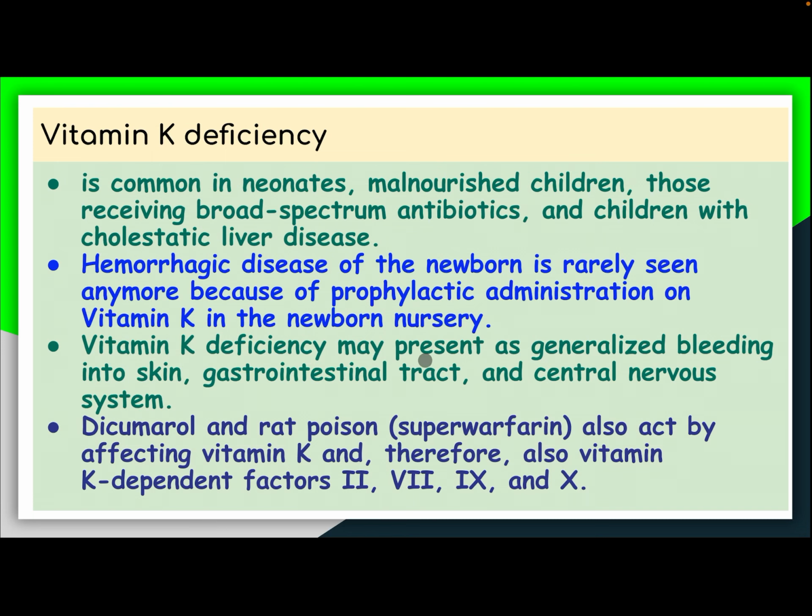Vitamin K deficiency may present as generalized bleeding into the skin, gastrointestinal tract, and central nervous system. Dicumarol and rat poisoning, superwarfarin, also act by affecting vitamin K and therefore also vitamin K dependent factors 2, 7, 9, and 10.